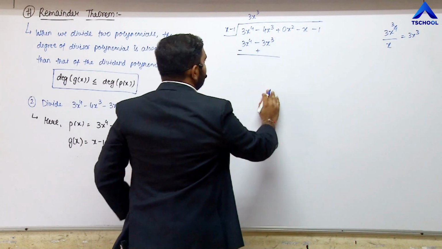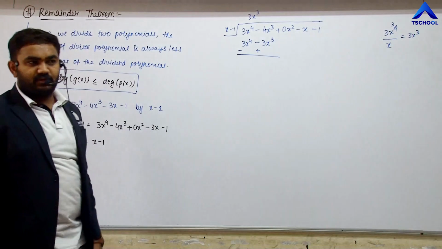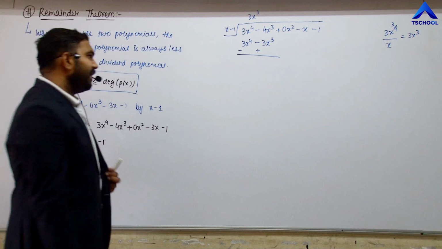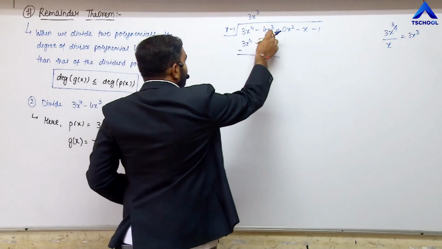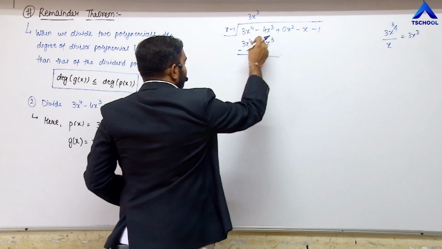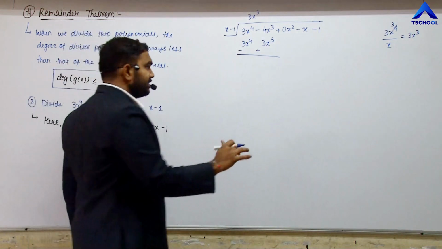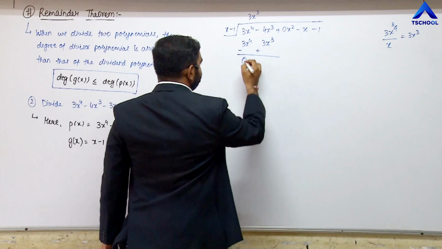This is how the subtraction for polynomials works. That means if the sign is minus, we shall make it plus, or if it is plus, then we shall make it minus. So we shall now look for the new signs that we have written over here. That is minus 3x raised to 4 plus 3x raised to 4 is cancelled, that is 0.